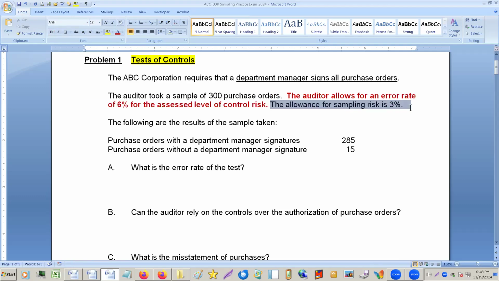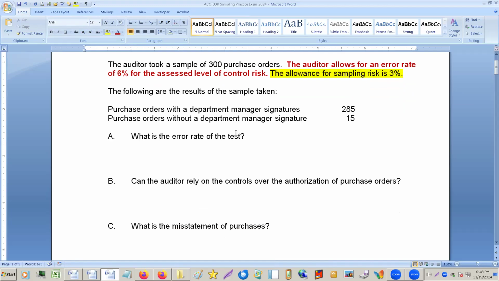So that's going to be on top of whatever our actual error rate is. Okay, so 300 items, and this is what we get. Out of the 300 purchase orders, 15 of them did not have a manager's signature.